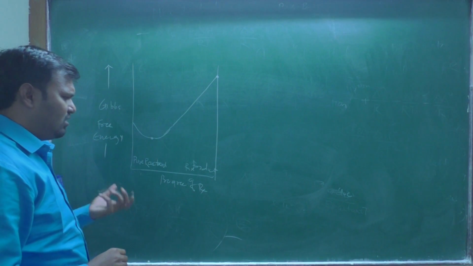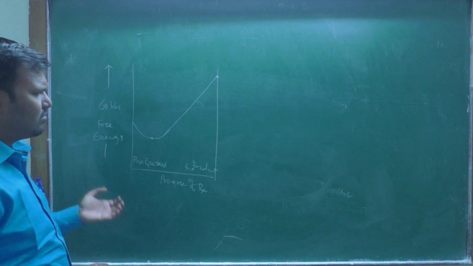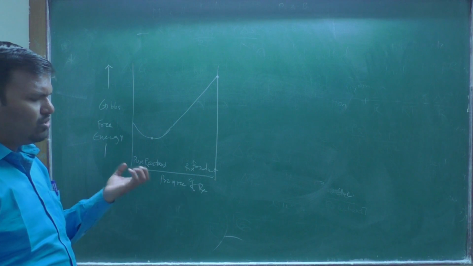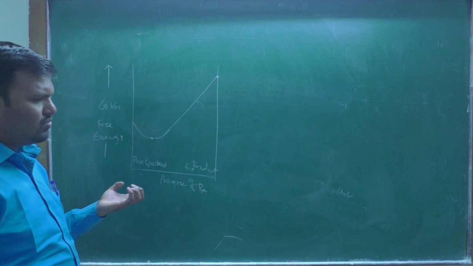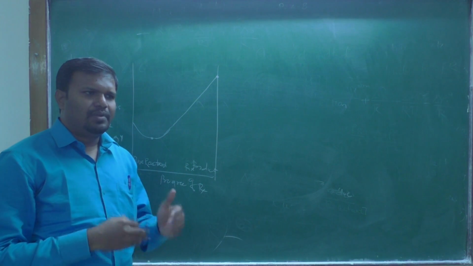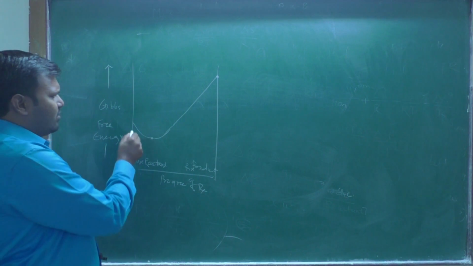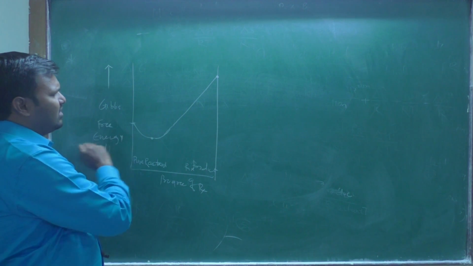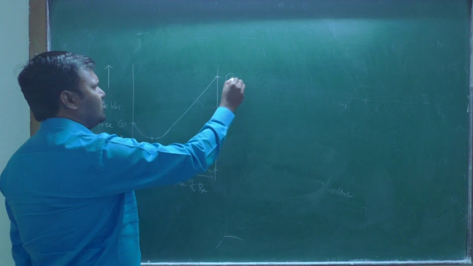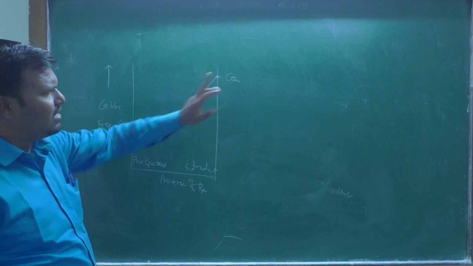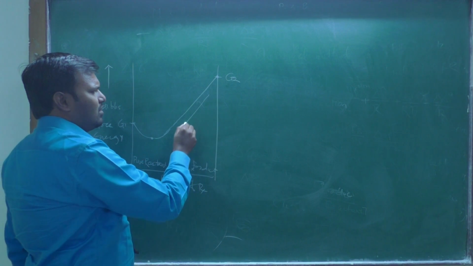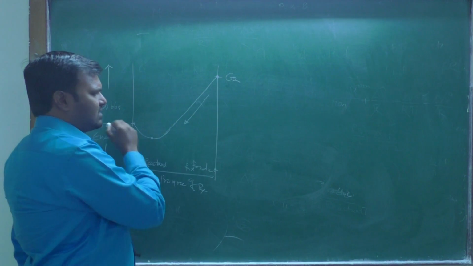We have already discussed that the system tries to lose energy to obtain a stable situation. Therefore the reactant has lower Gibbs free energy, G1, than the product, G2, which has the higher Gibbs free energy.